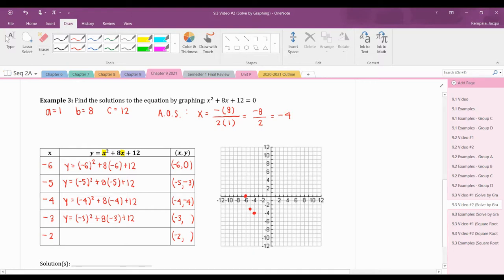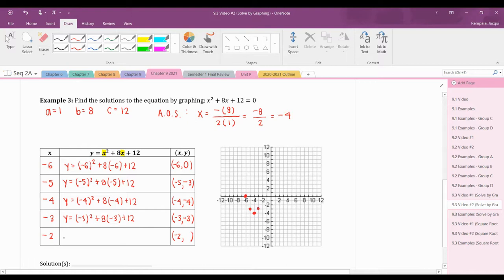But if it isn't, that means that we either found our axis of symmetry incorrectly because we don't see that mirror image, or that just shows that we made a mistake somewhere along the way and we've got to go back and check our math. But it is looking like I'm getting negative 3, which checks out good. So negative 3 means 3 to the left. Negative 3 means 3 down.